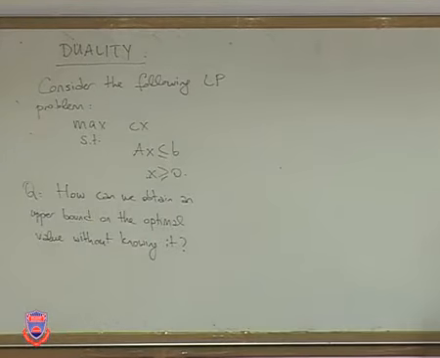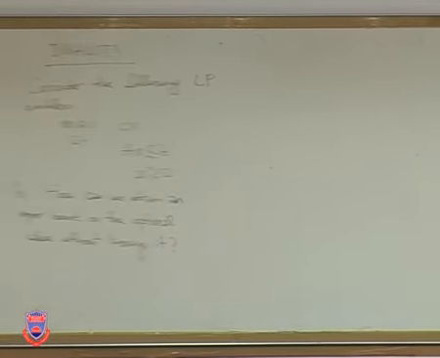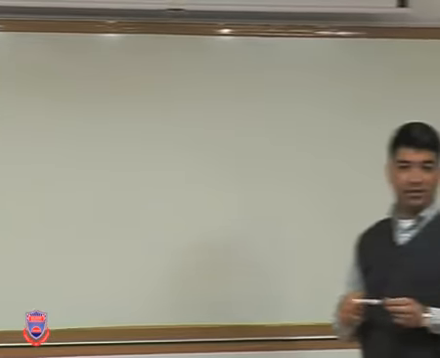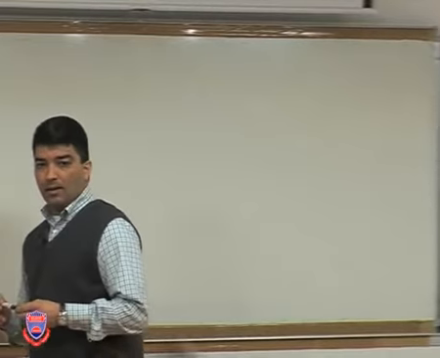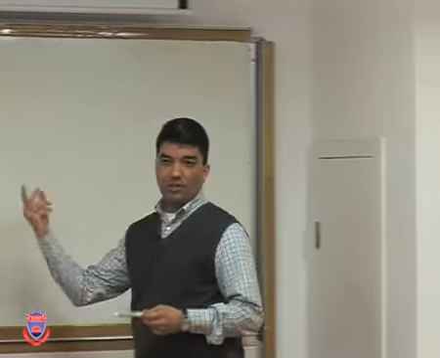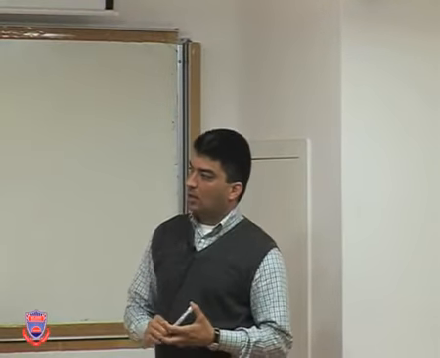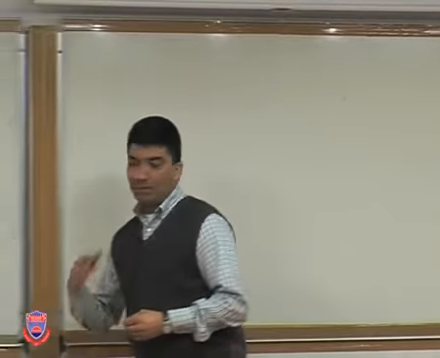I have an LP problem, which may be in this form in general. Suppose that I want to solve this problem, and suppose that it has an optimal value. What I'm trying to do is find an upper bound on the optimal value.